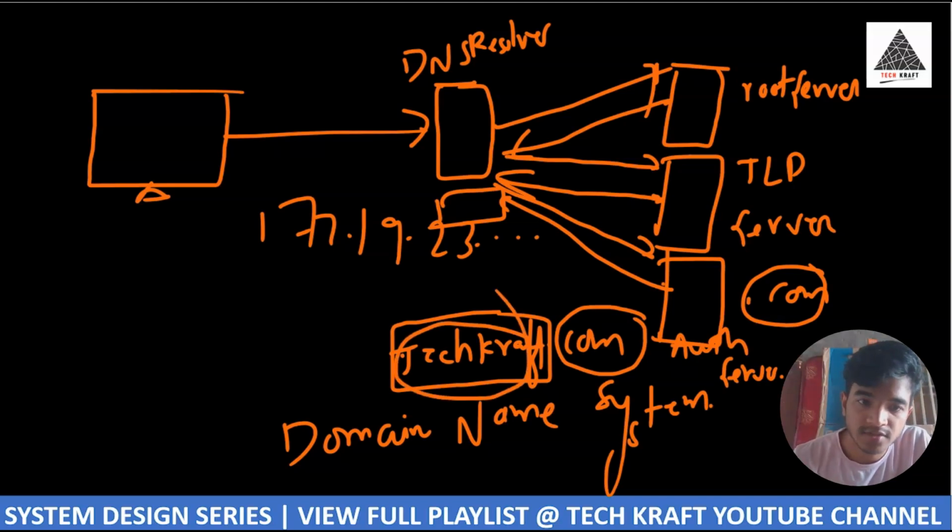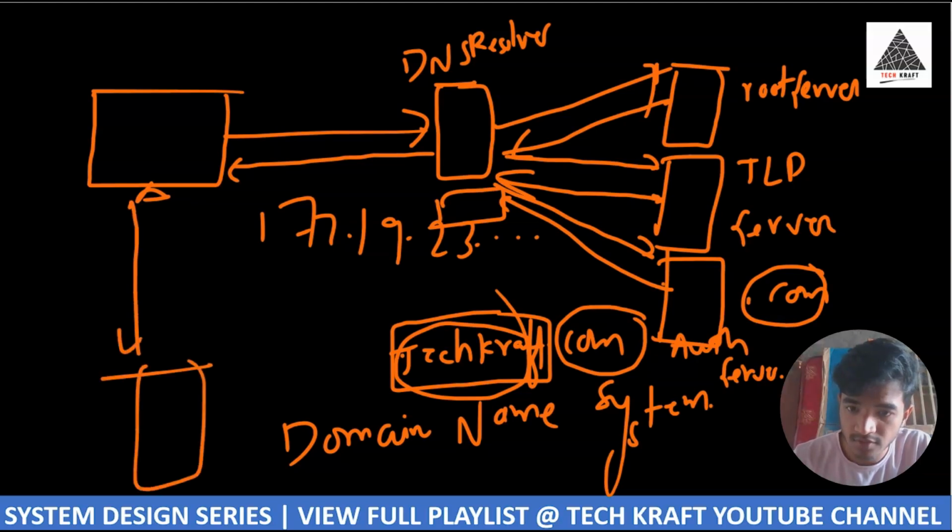The IP address will be stored in the DNS resolver cache. After storing it in the cache, the IP address will be given to the browser. Now the browser has the IP address of the techcraft.com server. Now the request will be transferred to the web server, wherever the location is, and the response will be given to the system.